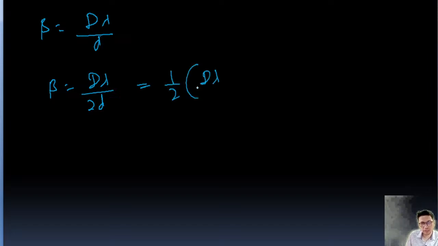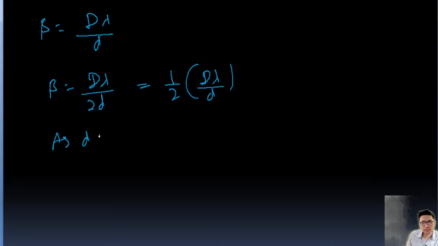Now we have doubled the separation between the slits. So beta is going to be lambda D upon 2d, which is one upon 2 of lambda D upon d. Half of this.